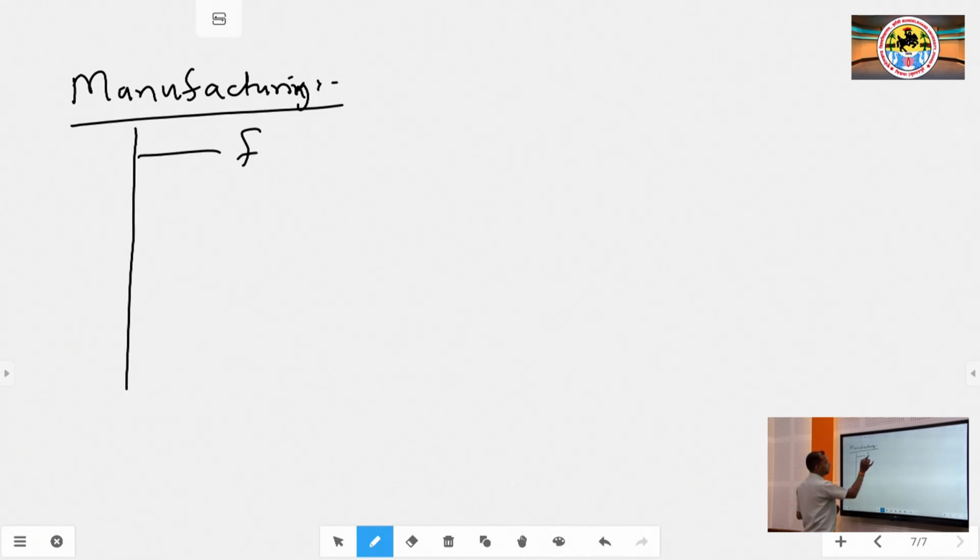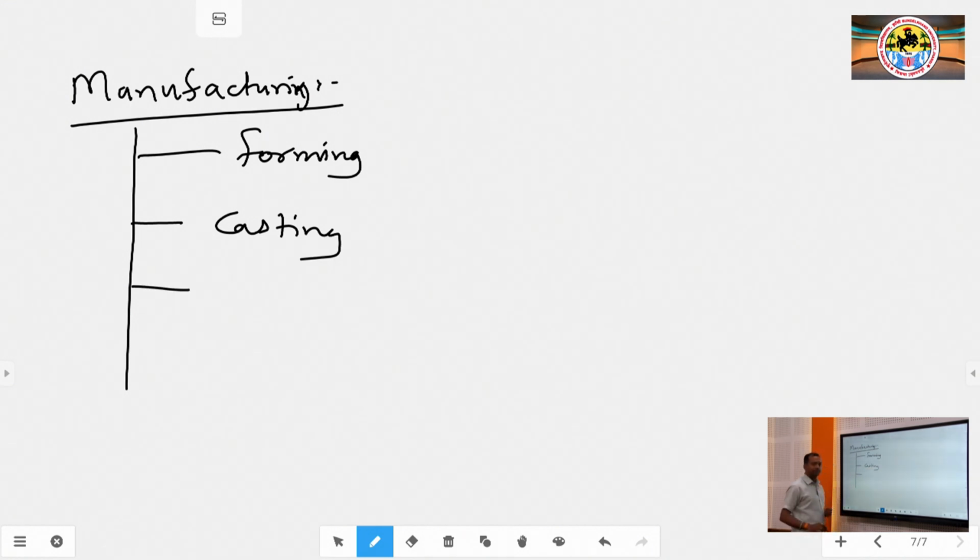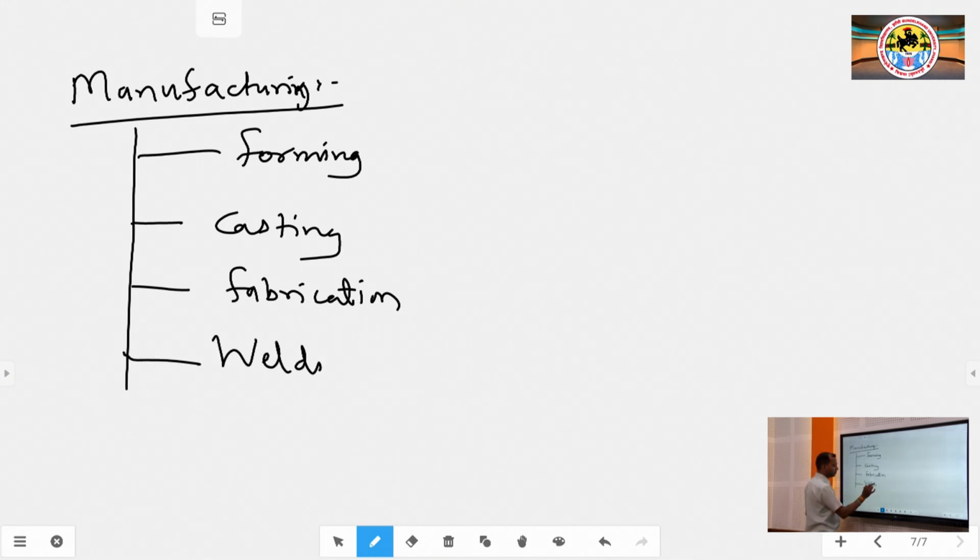The first one is forming, the second one is casting. Moving on to the next step, we have fabrication. Then welding, and the last step, which is not the least, machining.